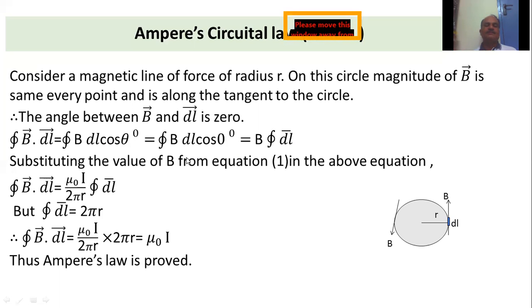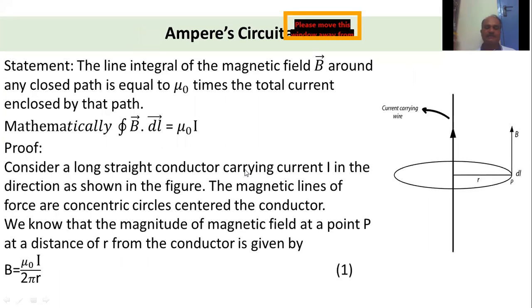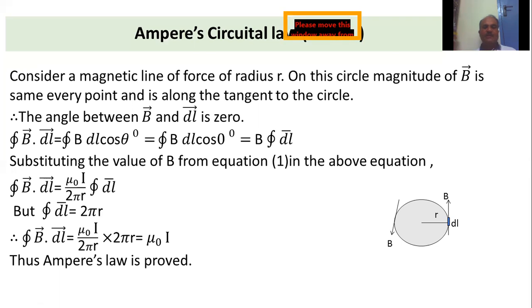Then substituting the value of B from equation 1. Equation 1 is here, and here you substitute the value of B. So now the closed integral of B dot dl is equal to B, and B is mu naught I divided by 2 pi r from equation 1, multiplied by the closed integral of dl. But the closed integral of dl is equal to 2 pi r, which is the circumference of the circle.